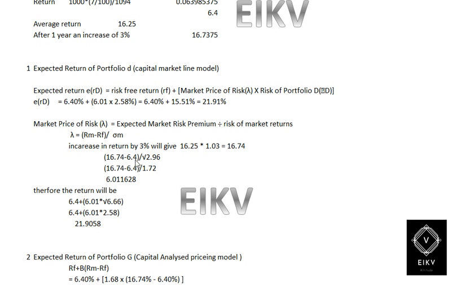Therefore 16.74 minus the risk-free rate, which is 6.4, divided by root of 2.96. 2.96 is the variance, which is given in the illustration.